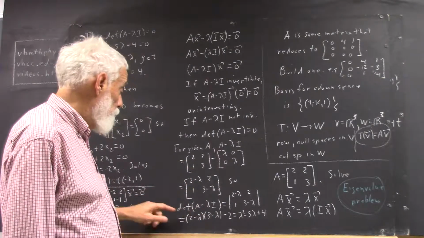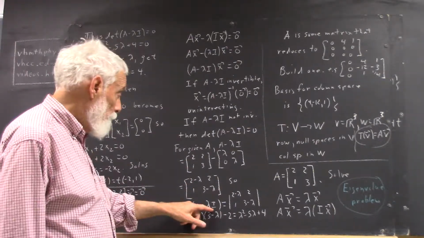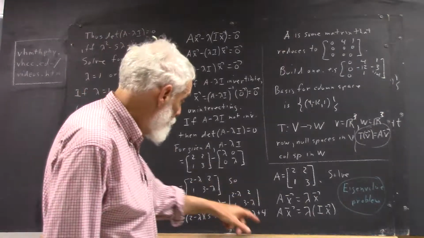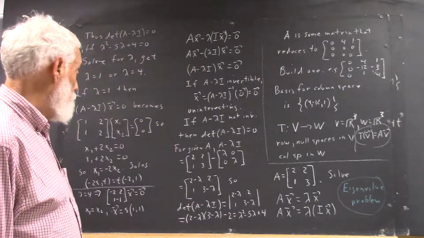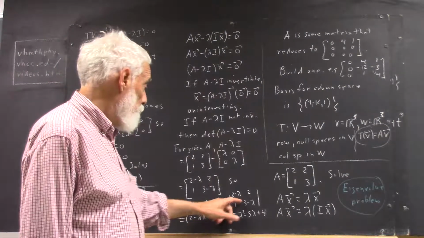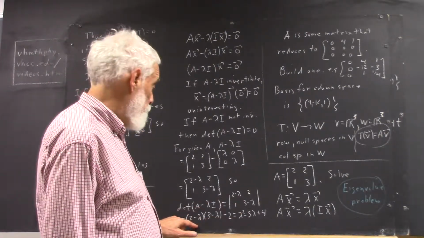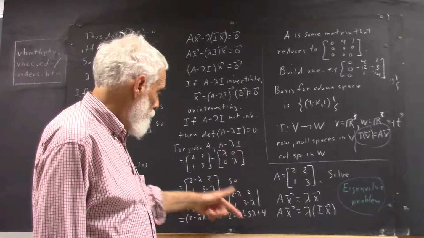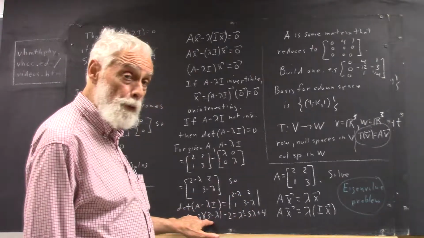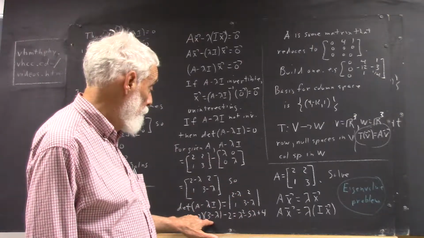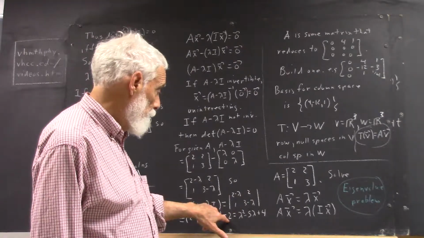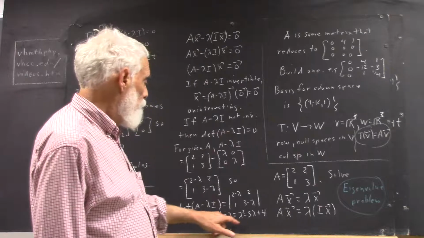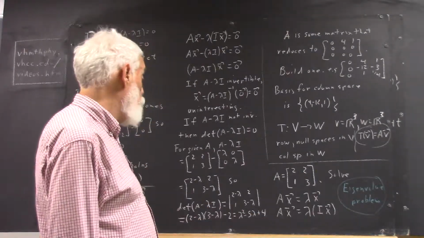So our condition is that the determinant of A minus lambda I, which is the determinant of this matrix here, has to be 0. The determinant of this matrix is very easily calculated. You're going to have the product of these diagonals, 2 minus lambda times 3 minus lambda, minus the product on this diagonal, which is minus 2, giving us lambda squared minus 5 lambda plus 4.